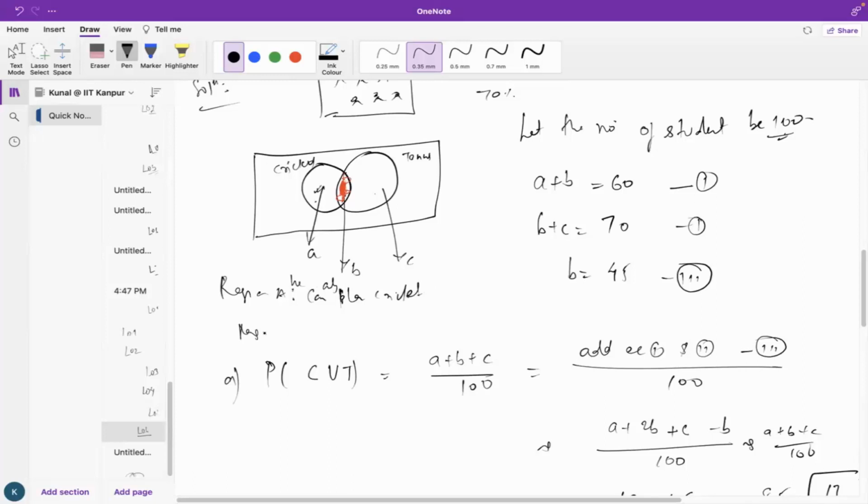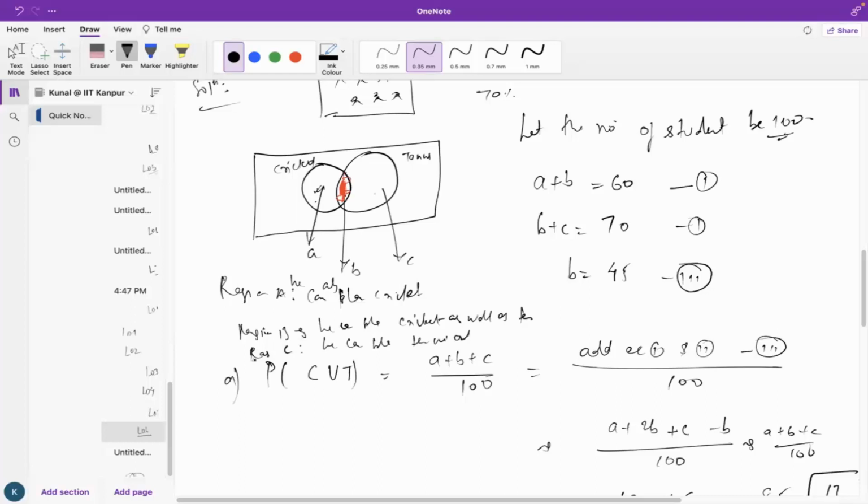What is region B representing? Region B represents that he can play cricket as well as tennis. And the third thing, region C, will represent that he can play tennis only.